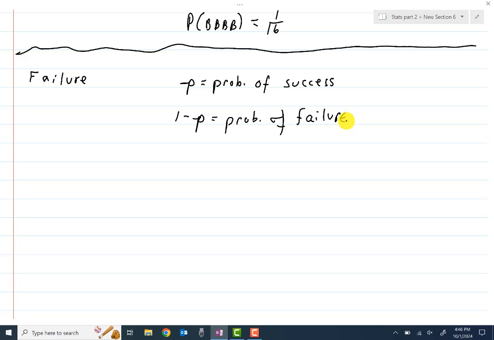It just needs to be convenient for the problem. So in those things where I'm playing the dice game, suppose I roll a die, and if my probability of getting any one given number is 1/6, then the probability that I don't get that given number is 5 out of 6.